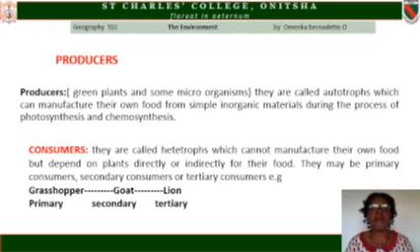When the grasshopper eats the green plants, that grasshopper, coming to secondary level, will be eaten by chicken or even goat or any other animal, and we call that one secondary consumers. This secondary consumer can equally be eaten by another level known as tertiary consumers. The goat will be eaten by lion, and lion will be the tertiary consumer.